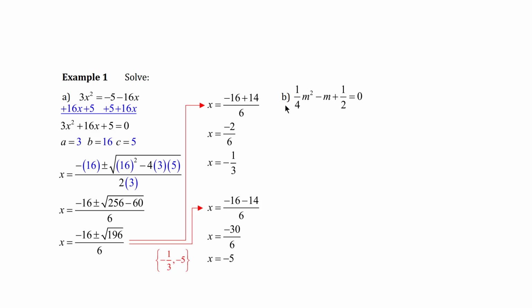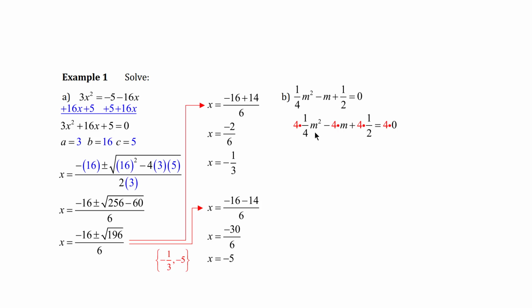Moving on to part B, we have 1 over 4 m squared minus m plus 1 over 2 equals 0. Now this equation is written in the correct format, so we can apply the quadratic formula directly. However, it's best to get rid of the fractions. To get rid of the fractions, we multiply by the LCD, so we multiply all the terms by 4.